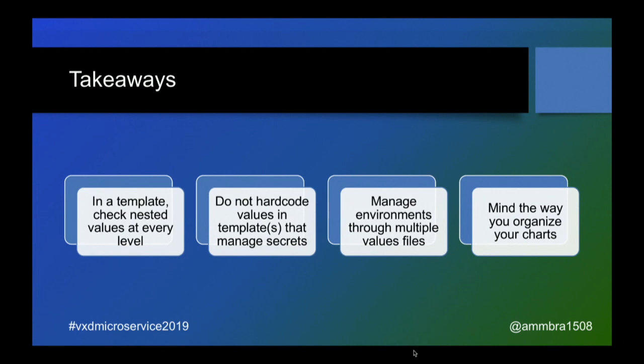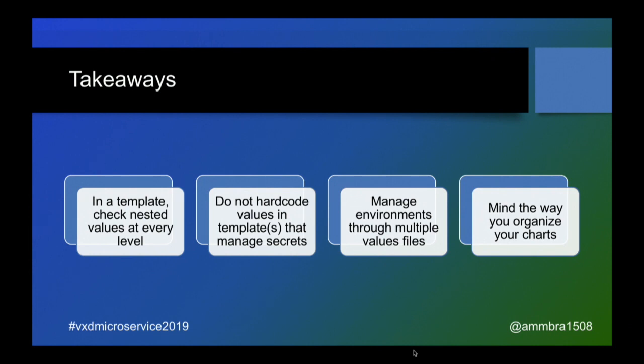Okay, some takeaways, because I have less than 3 seconds. In a template, check for nested values at every level. Control structures like if-else are very, very useful. Try not to hard-code your values in your templates, except for objects that need some extra care where you want to have a certain control over those charts.